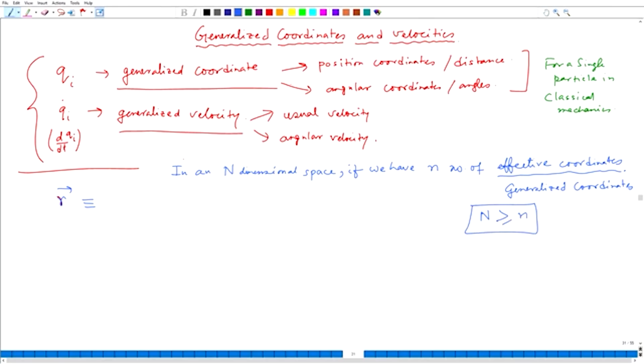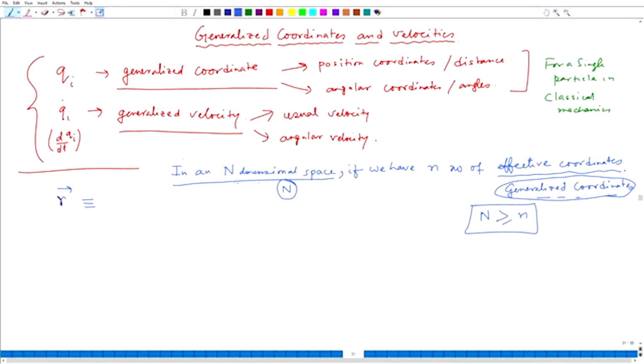Now, what is the meaning of generalized coordinate? That means that whenever we are talking about this collection of coordinates, we are already taking care of all the holonomic constraints for the motion. So, in n dimensional space, you will always have N Cartesian coordinates. Now, let us say your system has no holonomic constraint, then your Cartesian system will itself be a system of generalized coordinates.